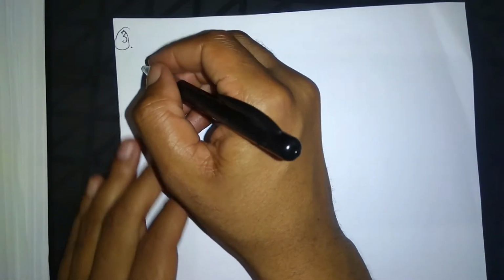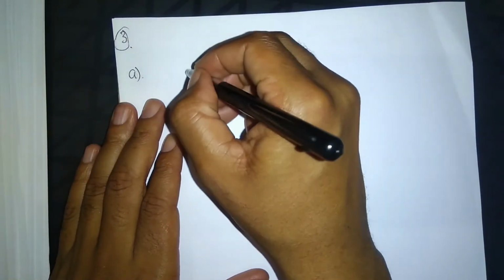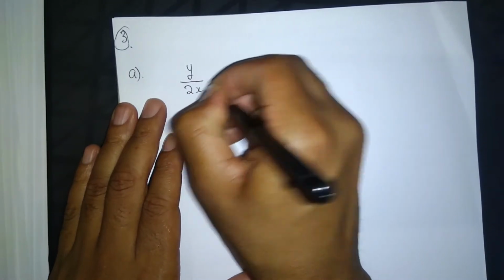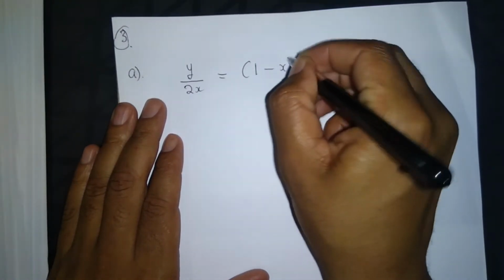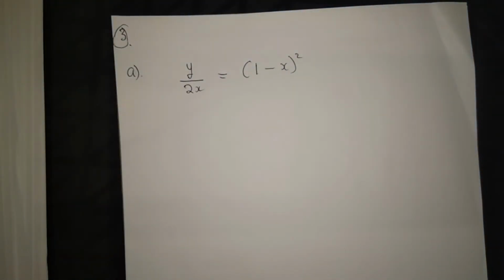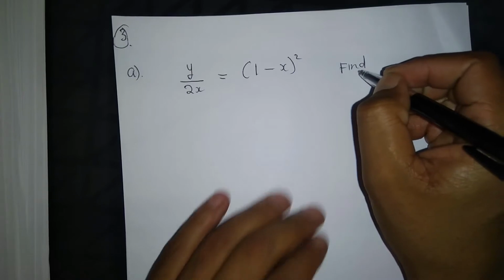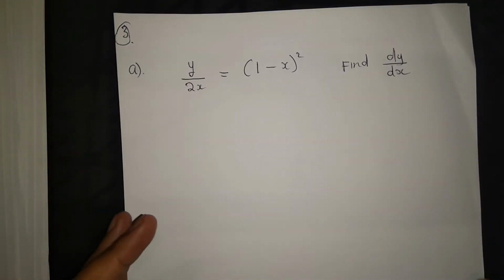So video number 3 covers question 3. For A, we are given a function y over 2x equal to (1 minus x) squared. Find dy over dx.